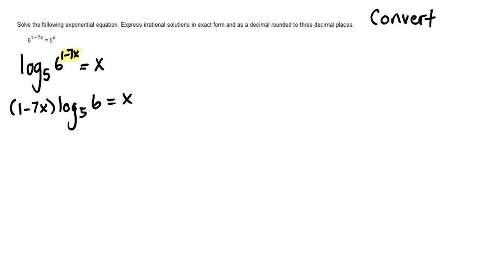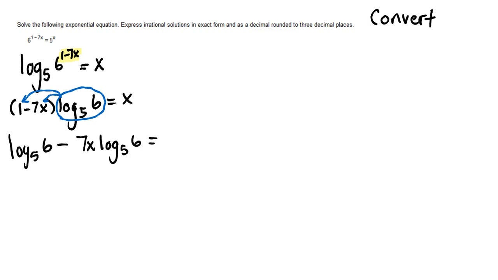Then I'm going to use the distributive property, distributing this log base 5 of 6 to both of these terms. So that would be log base 5 of 6 minus 7x log base 5 of 6 equals x.